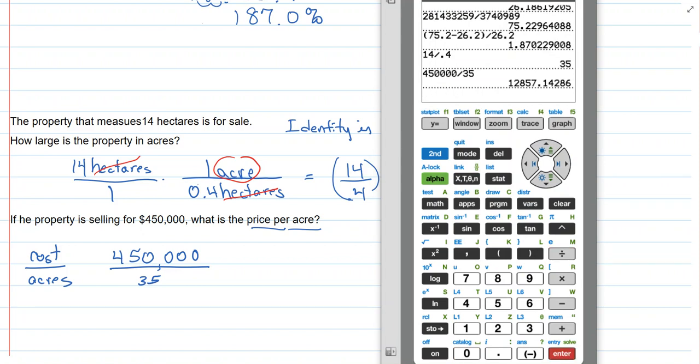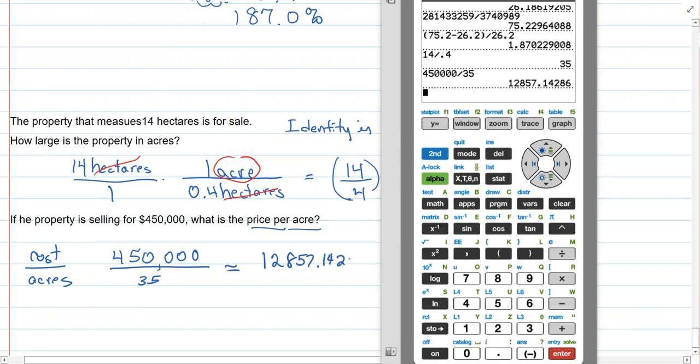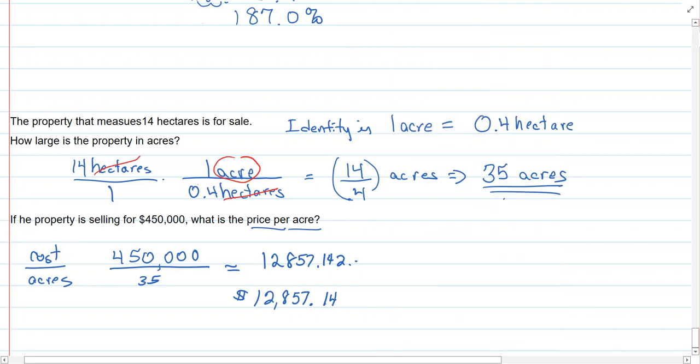And I get 12857.142 and so on. Okay, so that means $12,857.14 per acre. That's a lot of money.